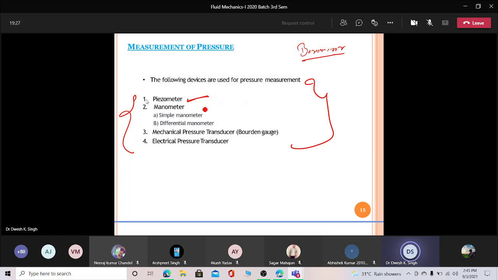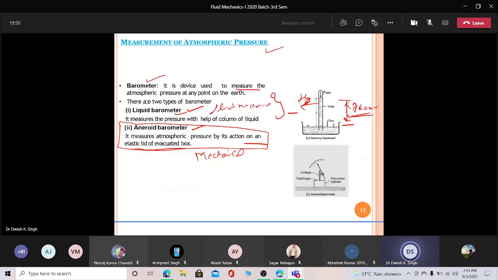I will discuss elaborately what that class actually is. Then some advancement came in this piezometer, and the name changed to manometer. The concept is the same, but it is an upgradation of the piezometer. We will discuss it, and then there are some mechanical devices, like the aneroid barometer.